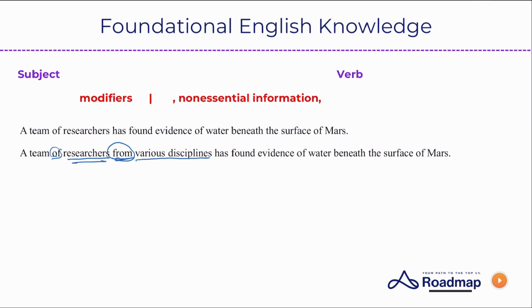And the SAT can create prepositional phrase after prepositional phrase after prepositional phrase to make it harder for you to find the subject and the verb of the sentence. So just understand, they could say something like a team of researchers from various disciplines across numerous countries in the world. They can keep going with prepositional phrases. And again, prepositional phrases are just designed to add more specificity. That's just what modifiers do to the sentence.